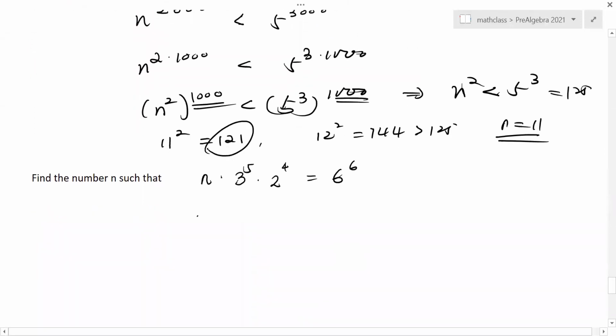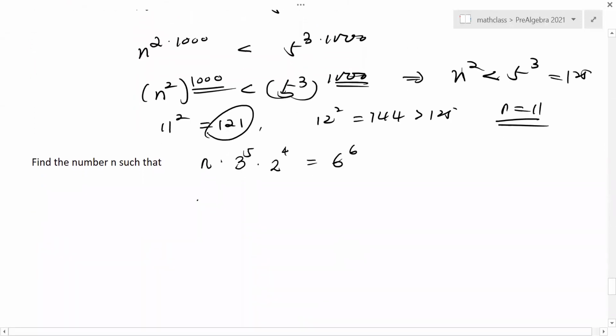Okay, so now let's take a look at this problem. You want to find the n such that 3 to the 5th times 2 to the 4th power times n is 6 to the 6th power. First of all, you notice that 2 times 3 is going to be 6.